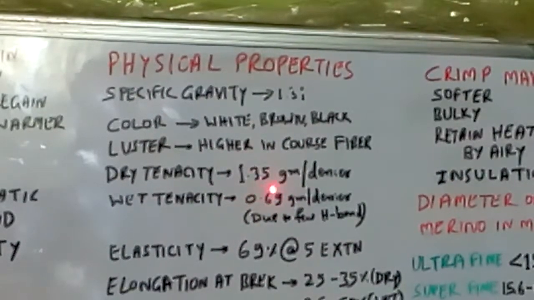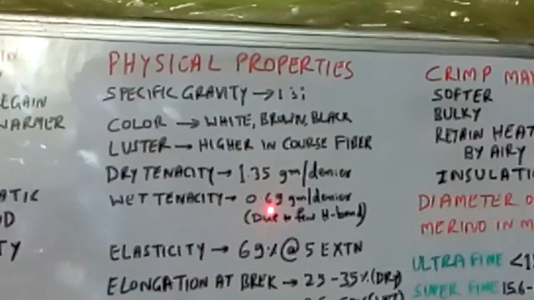If wool is wet, its strength is reduced because of the few hydrogen bonds in the polymer chains of this keratin substance. Okay, keratin substance.